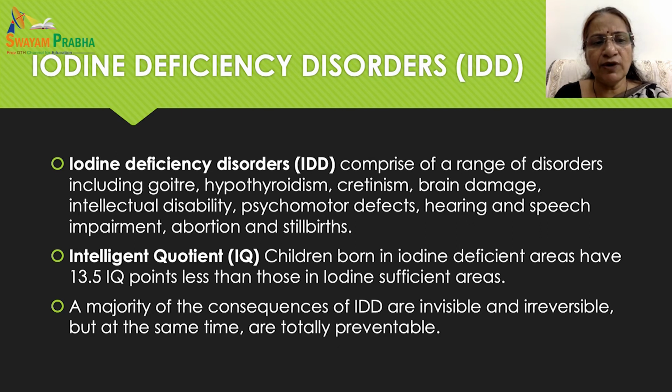A majority of the consequences of iodine deficiency disorders are invisible and irreversible, but at the same time are totally preventable. Iodine deficiency disorders constitute the single largest cause of preventable brain damage worldwide.